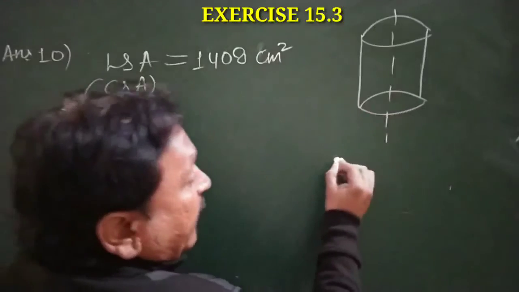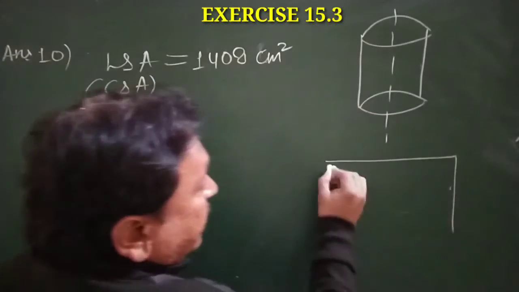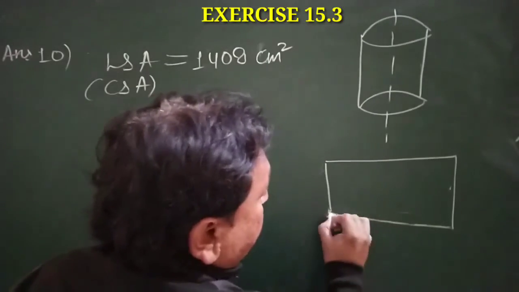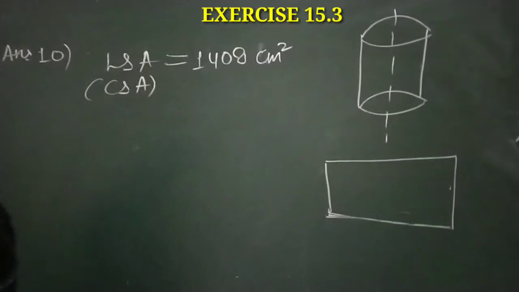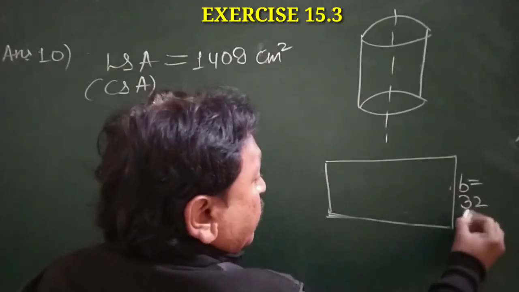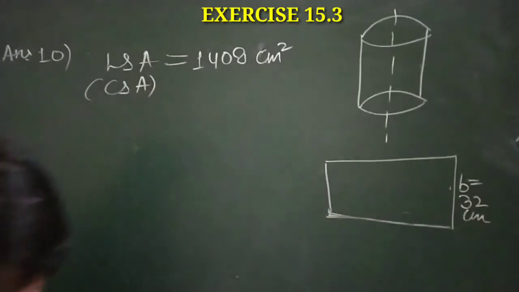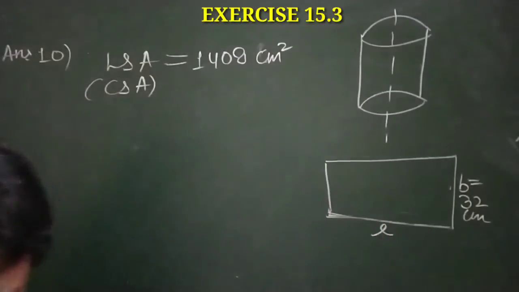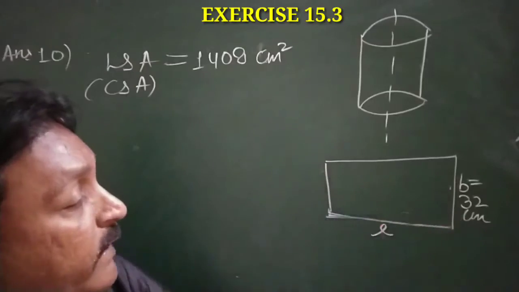This is the height, and when we cut it, it gets converted into this rectangular sheet, and the width, meaning breadth, of this is 32 centimeter. According to the question we have to find out the length and then the perimeter of this rectangular sheet.